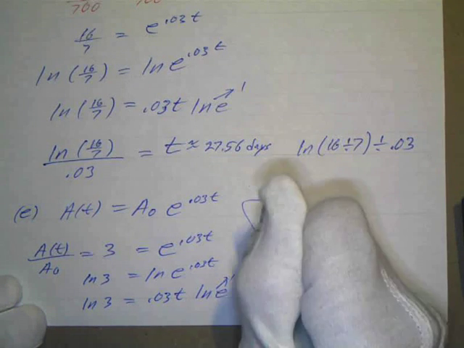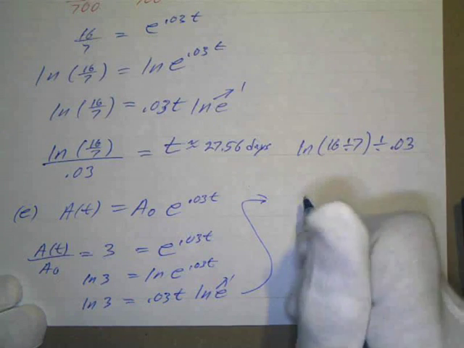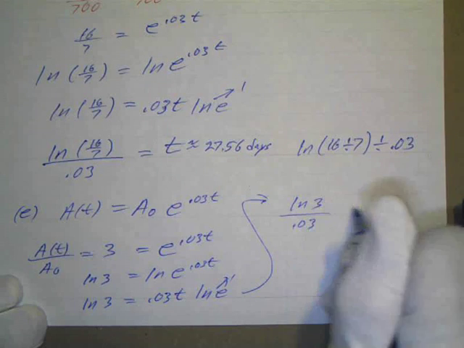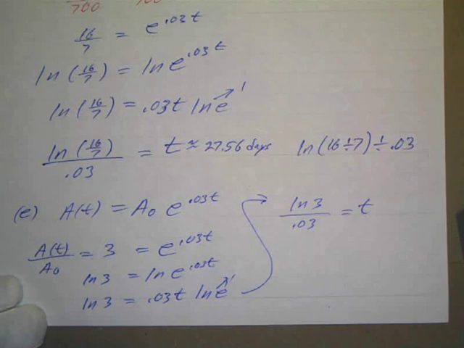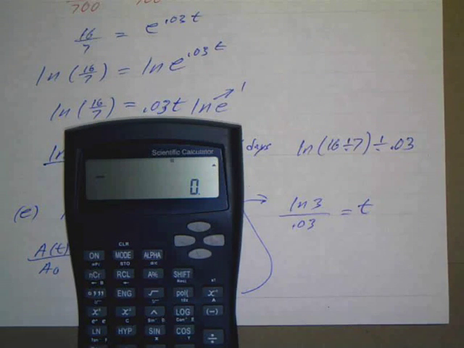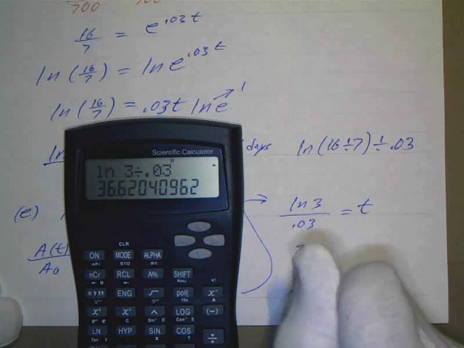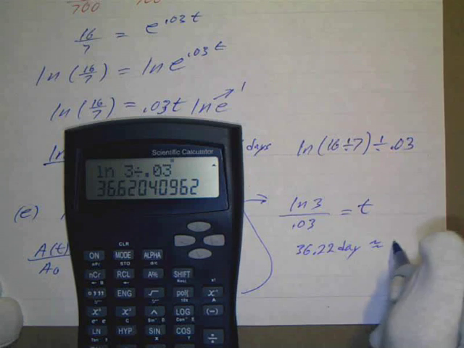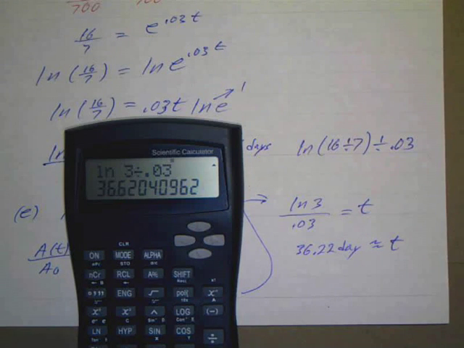I have the natural log of 3 divided by 0.03, and that will equal t. And then you can put that right in your calculator. That should be pretty easy. Let's clear this. ln 3 divided by 0.03, and we get 36.62 days. That's approximately the time it takes for the population to triple.